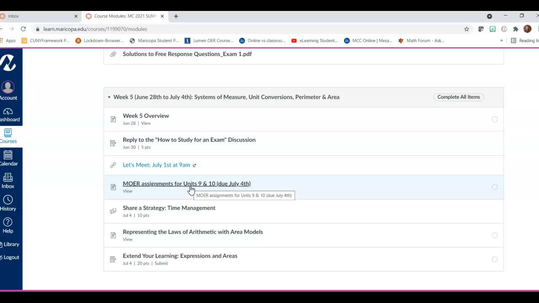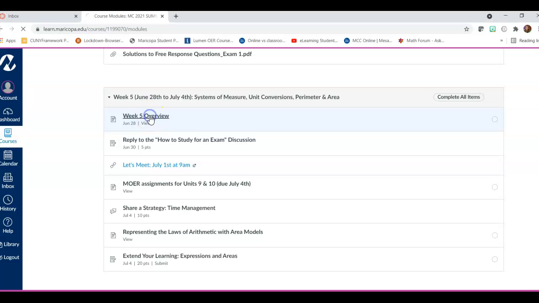And in Unit 10, there are also some perimeter problems, area problems, basically your geometry unit. So you can imagine that with the conversions and with the geometry unit, there's lots of formulas. So one of the most important resources you're going to need this week and for the rest of the remaining weeks of the course is what we call the geometry sheet, formula sheet, and the conversion factor sheet. So I want to show you where to access this very valuable resource.